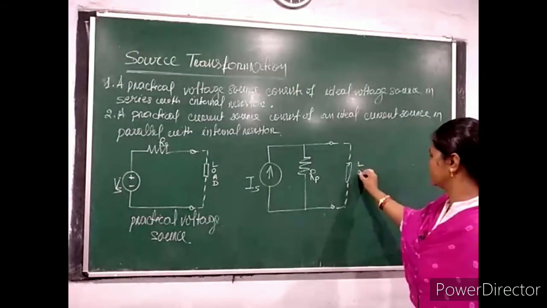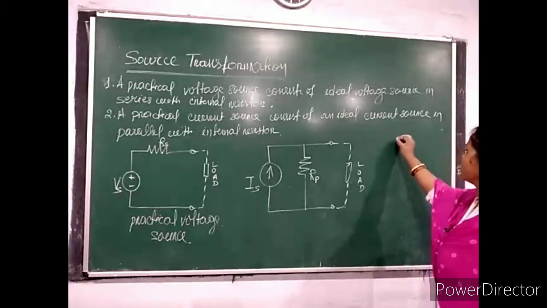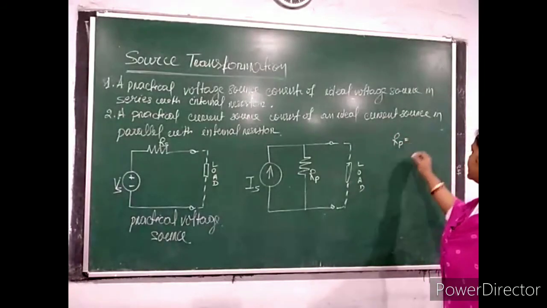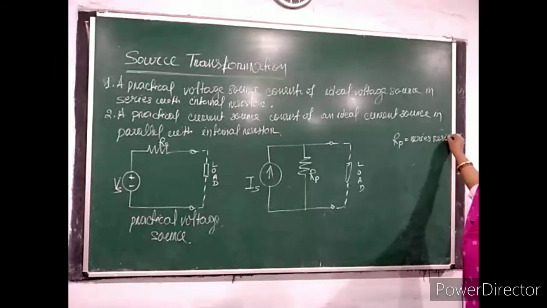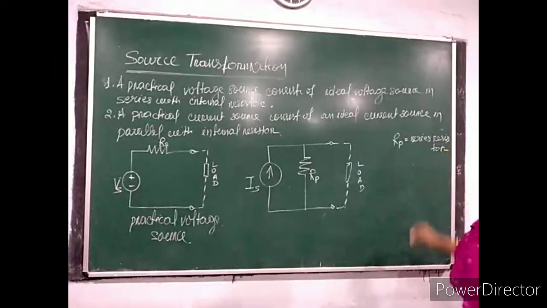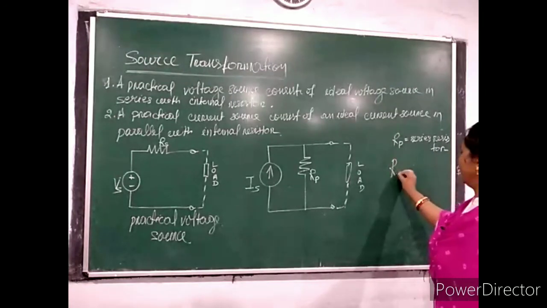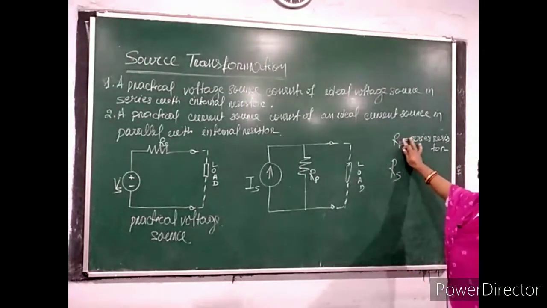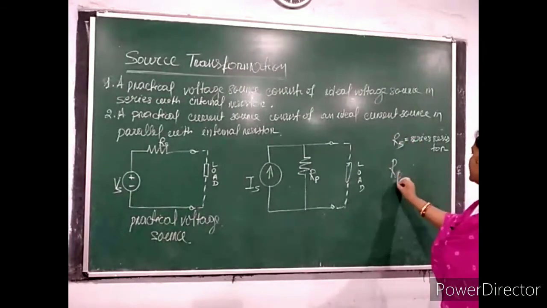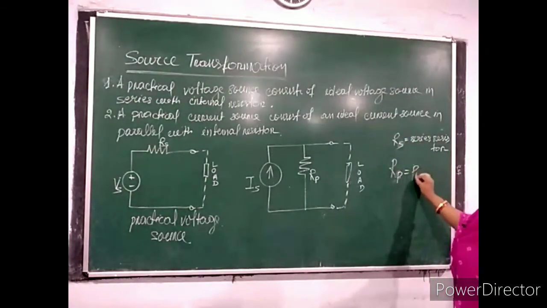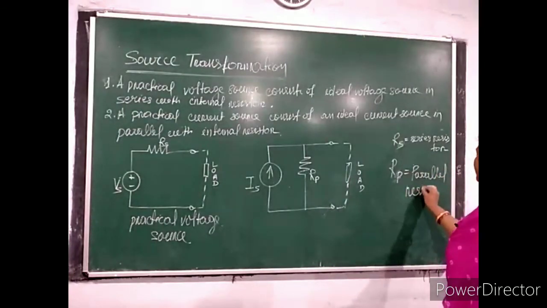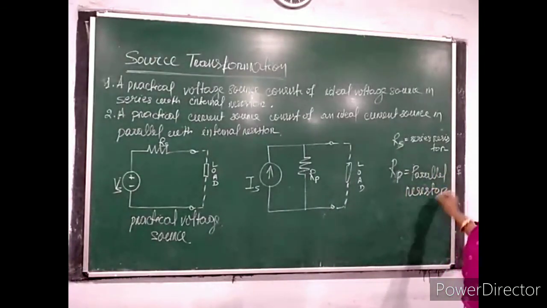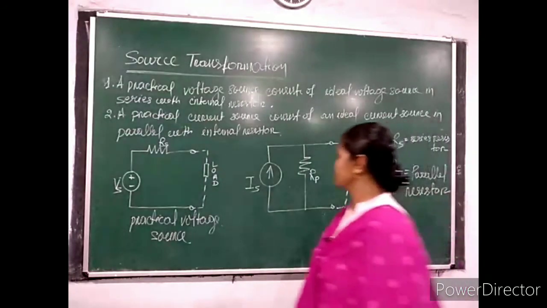Here Rs is the series resistor for the practical voltage source, and this is the Rp, the parallel resistor for the practical current source.